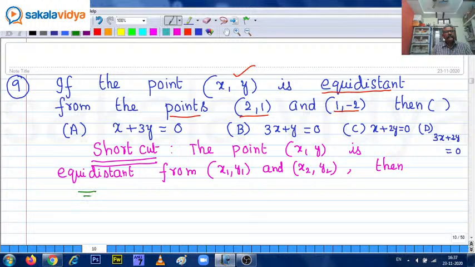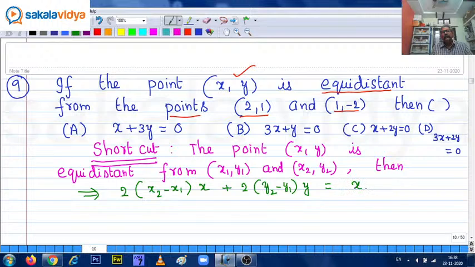You write down like this: 2 times (x2 minus x1) into x, plus 2 times (y2 minus y1) into y, equal to (x1 square plus y1 square) minus (x2 square plus y2 square). This is the formula.